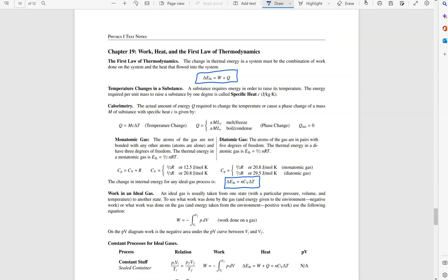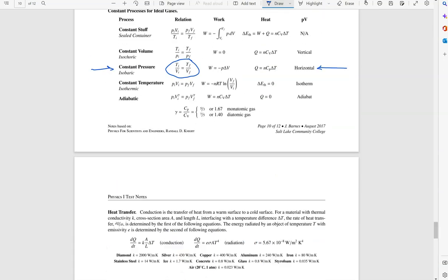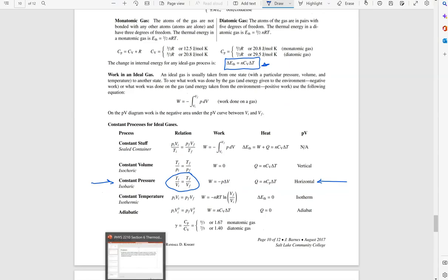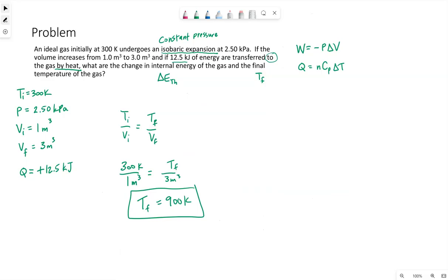The first law of thermodynamics must always be satisfied, and then this is always the change in internal energy. The Cv, though, depends upon whether we have a monatomic or diatomic gas. Coming back, all we know is we have an ideal gas. We don't know if it's monatomic or diatomic, so we don't want to use an equation that has Cp or Cv in it.